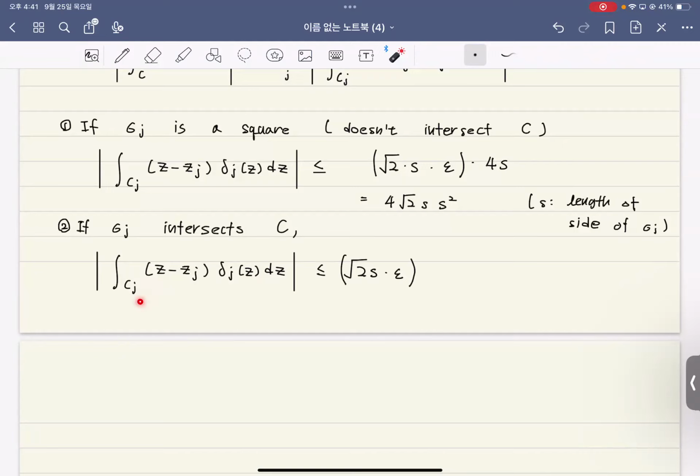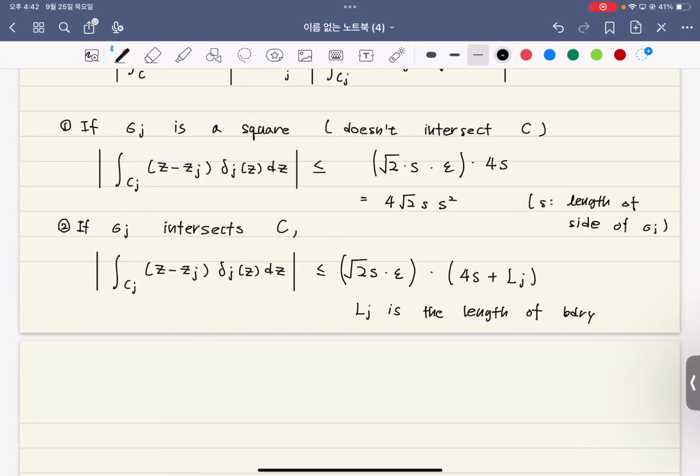I want to be really generous about finding the upper bound, so I say this is 4 times s plus Lj, where Lj is the length of C on Cj.